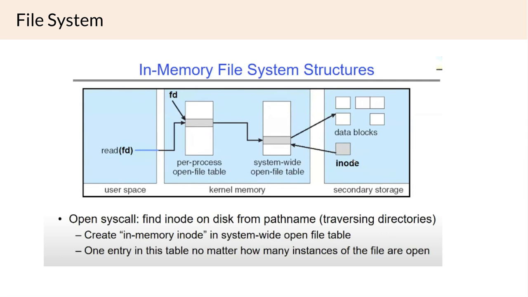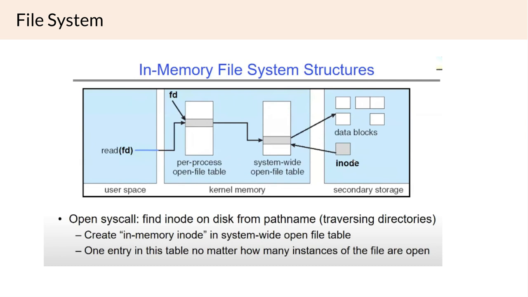Each process has its own table, and the file descriptor provided by a syscall like read or write points to an entry in this per process table called the FDT. Now, that file descriptor entry points to a file description in a system-wide open file table, which typically keeps track of the inode. And multiple processes that access the same file are ultimately going to use the same system-wide entry.